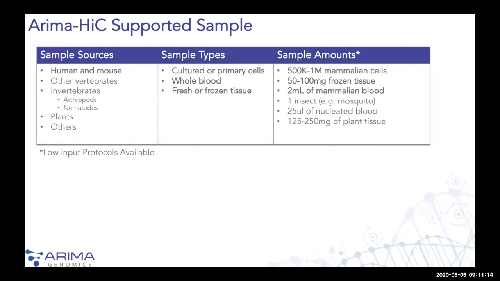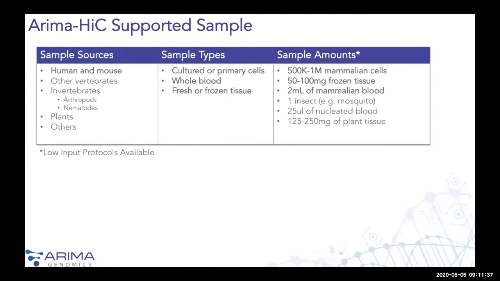So if you have a specific question about a sample type, please drop that in the Q&A or we can follow up afterwards. And then in terms of the sample amounts, a typical Arima Hi-C reaction might start with about 500,000 to 1 million cells. If you're working with frozen tumor tissue, you might start with maybe 50 to 100 milligrams of that tissue, grind it up, cross-link it, and then probably use a fraction of that for your Hi-C experiment.